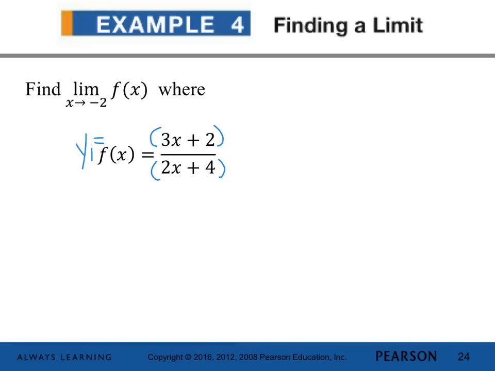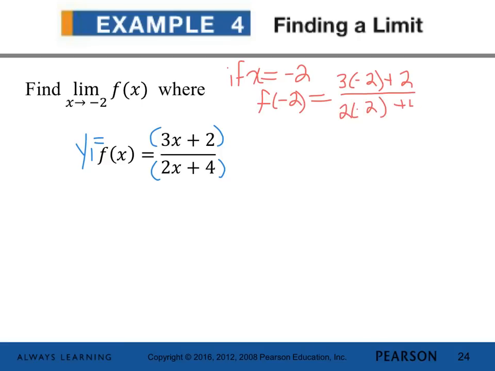Please pay particular attention to the fact that if x equals -2, then f of -2 is going to be 3 times -2 plus 2 over 2 times -2 plus 4, which is -6 plus 2, which is -4, over -4 plus 4, which is 0. So f of -2 is undefined.